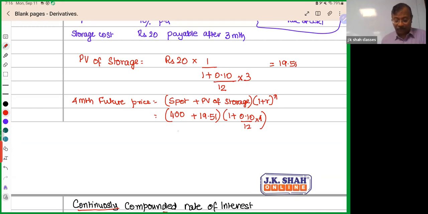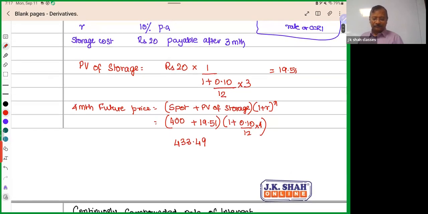This is 433.49. This is the price of the future according to me. This is what I expect the future price to be. Now we will compare it with the price in the market, and then decide whether it's undervalued, overvalued, should we buy it, should we sell it? That's something we'll do later. But this is how we generally calculate it.